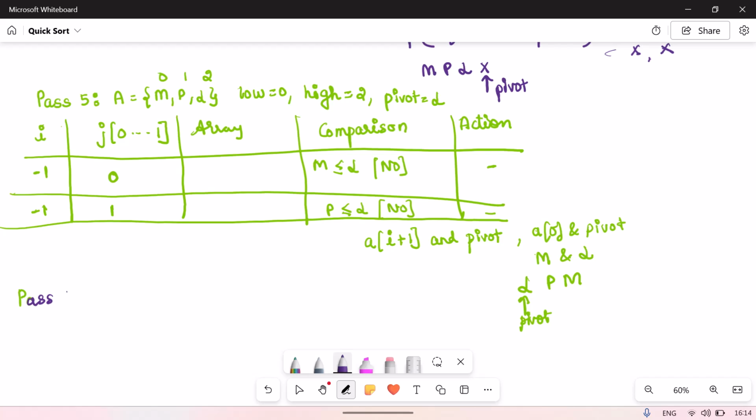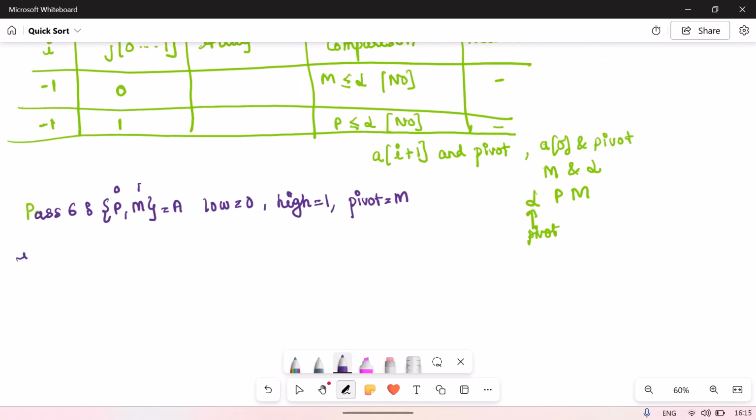Now the elements I have are P and M. So low is 0 and high is 1 and pivot is M. Okay. So i, j. So j will only go to 0 because it is high -1.